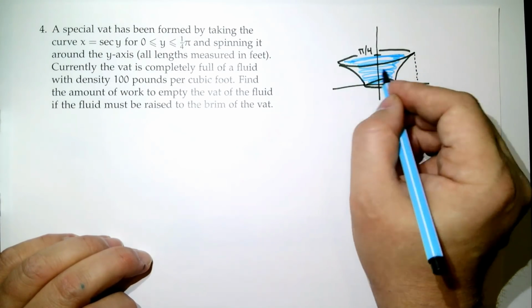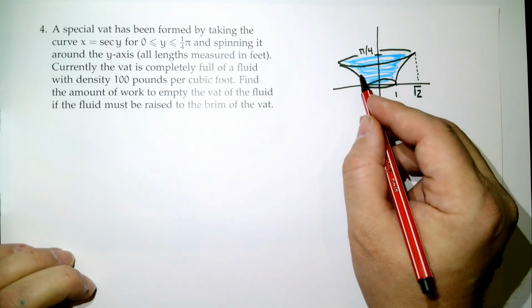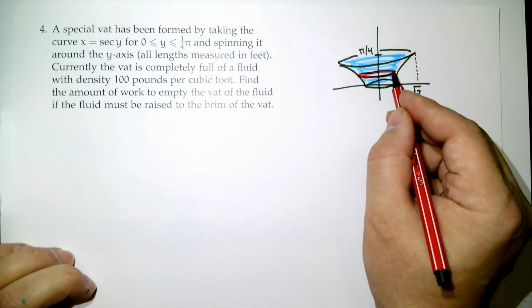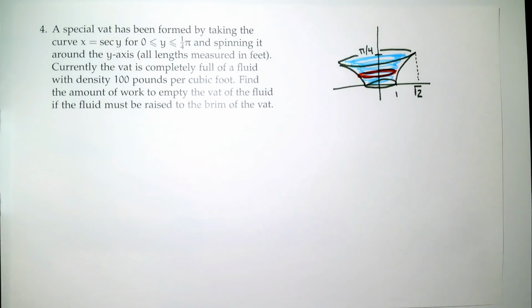So we have some sort of fluid inside our tank, and we want to figure out the amount of work. So, how do we do this? Well, whenever you have work for emptying a tank, the idea is always the same. You say, let's just think about moving up a small slice. Say we pick a small slice here. How much work to move that out?